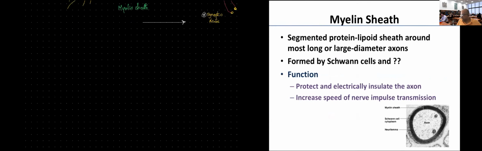The myelin sheath, remember, is formed by the Schwann cells, and what other cell is responsible for the formation of the myelin sheath inside your CNS? Can you remind me of the name here?